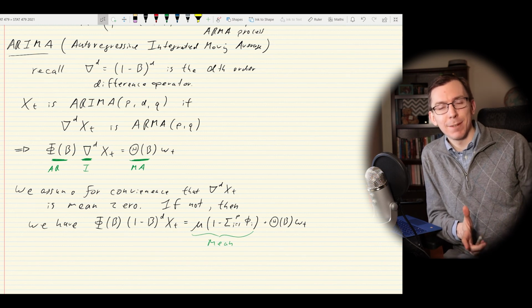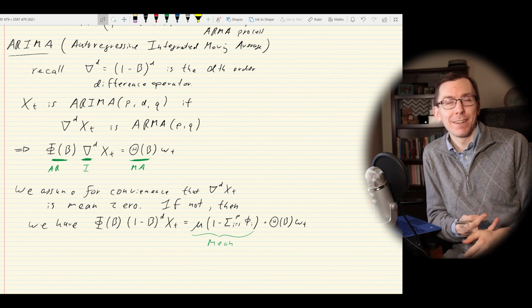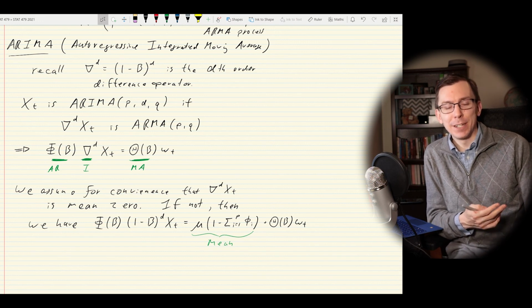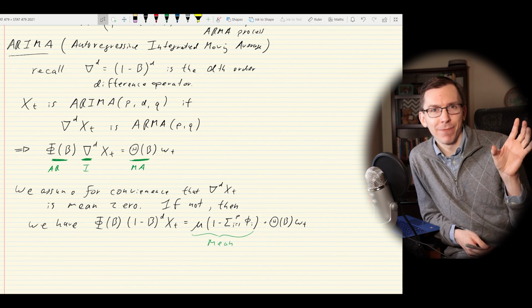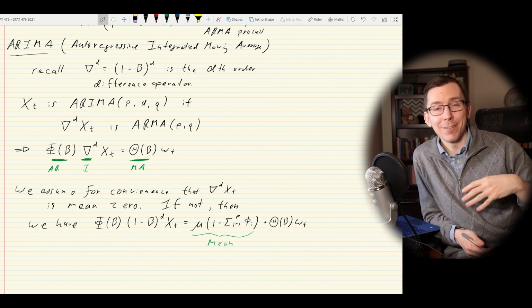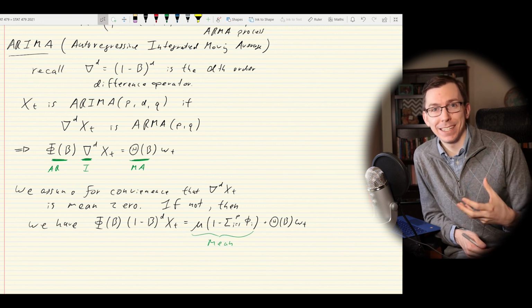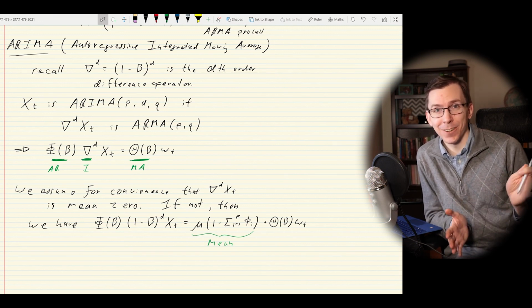If we restrict it to being causal and invertible, and we restrict the ARMA to be irreducible, in the sense that we don't have the same roots on the left-hand side and the right-hand side, then we have something we can actually work with statistically. And that's what we're going to do in the next lecture or two.